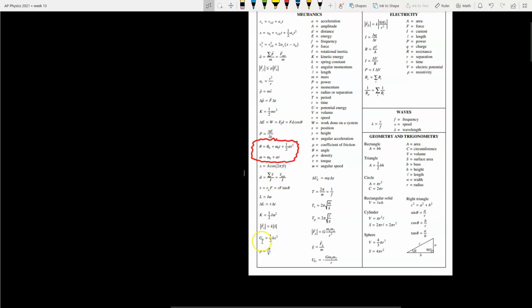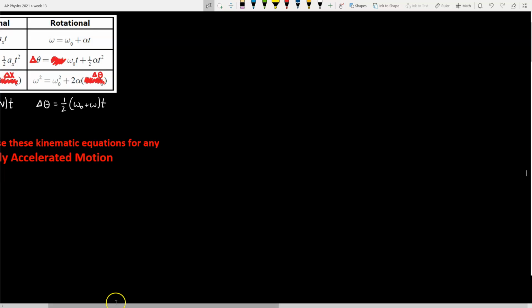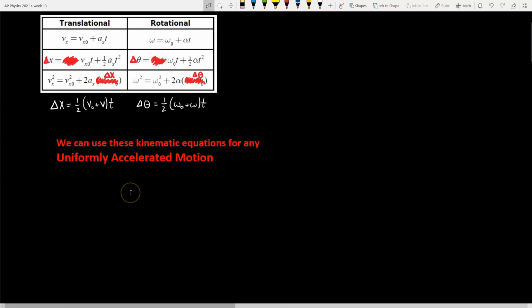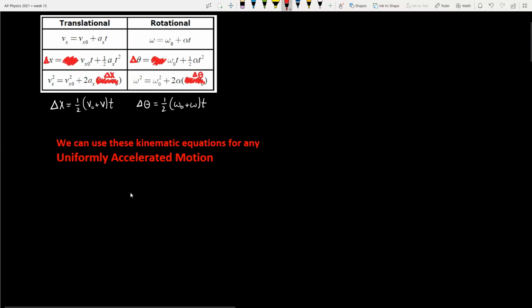Okay. A couple other little tips to remember is, these equations can always be used whenever there is a constant acceleration. So the force is staying the same. That's making the acceleration stay the same. And we call that uniformly accelerated motion, or UAM for short.